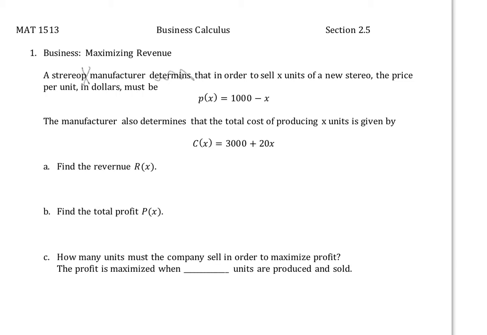So what revenue is, R of x is really equal to whatever the price of the item is multiplied by x units, okay? So we're given a p of x function, that's 1,000 minus x, and then we're going to multiply that by x to get 1,000x minus x squared.